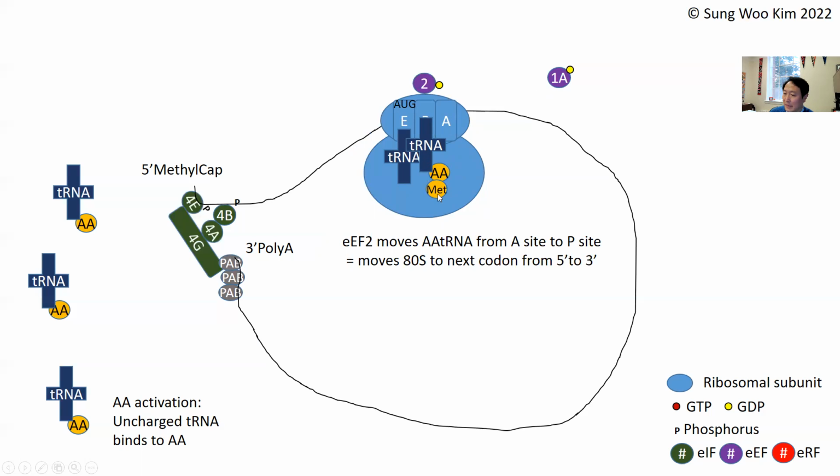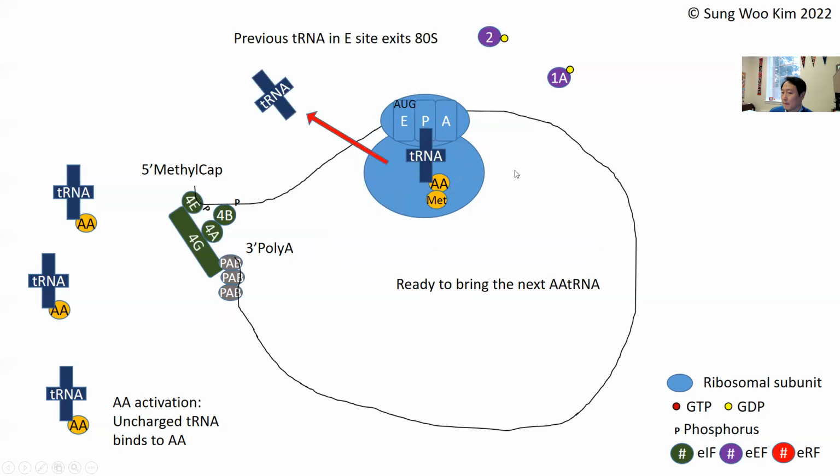It carries the methionine from the previous tRNA too, forming the dipeptide. And then the tRNA in the exit site, the E site, will leave the ribosome. Okay, so it looks like this.